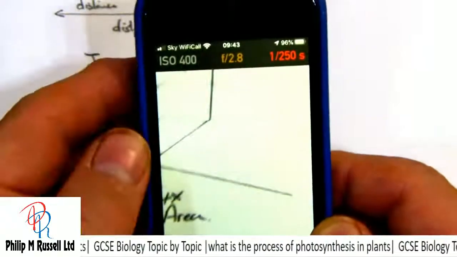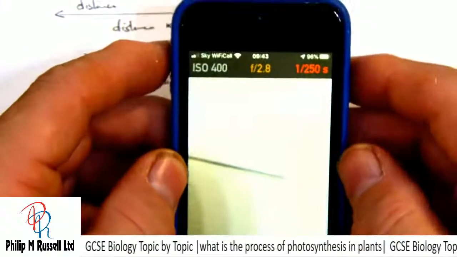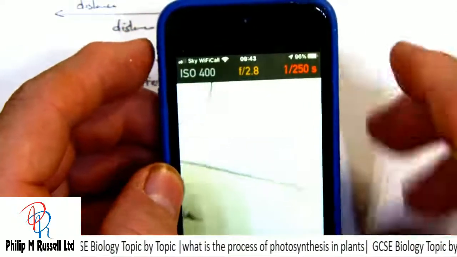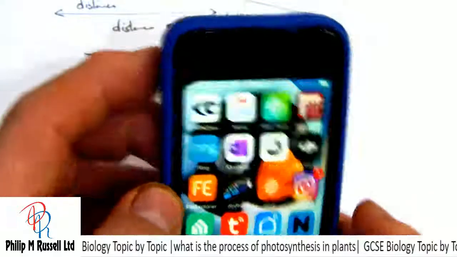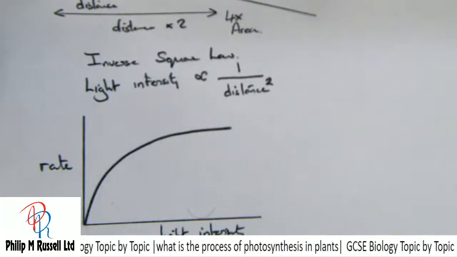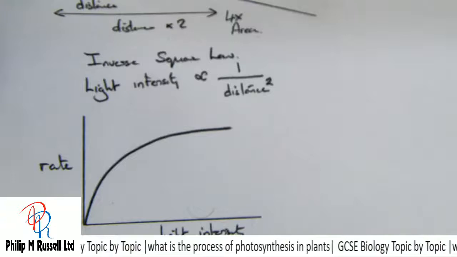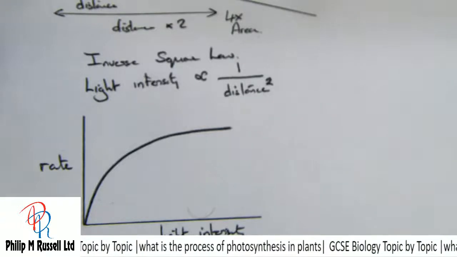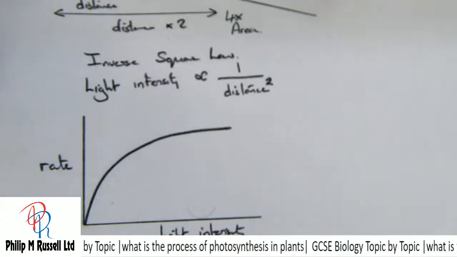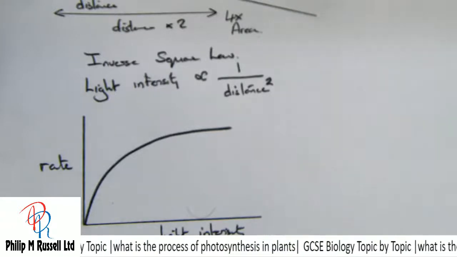This is a photographic one, and it measures this in camera settings, and that's what I use. That one's called Lux. But there are other ways that we can do this, and there are other little meters that we can use to measure the light intensity.